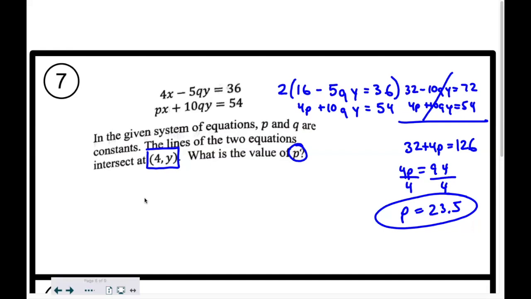But this is a hard problem. So there are these things that I think I talked about last week, these cues. So basically, when they come up, they kind of tell you what to do. When you see a point, just plug it in and then the problem might make a little more sense, at least get you a way to get started.